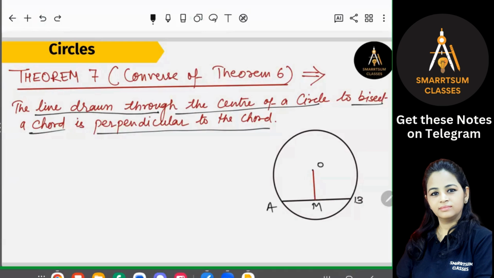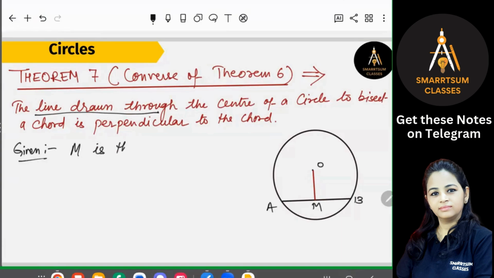Okay, so write down what is given first. What is given here? That M is the midpoint. Why? Because you already know that OM is bisecting AB.